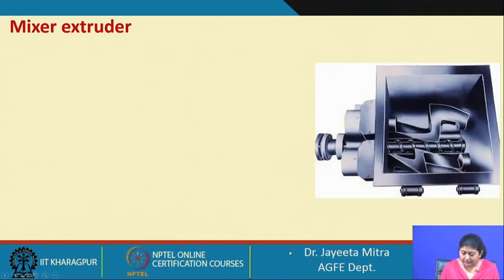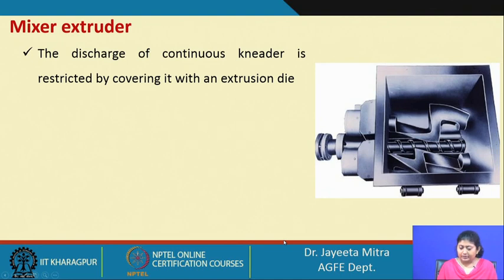Now, next is the mixer extruder. Here is the picture of a mixer extruder. Mixer extruder in the sense that they are not only mixing, but extruding, that is also one operation that will be there.